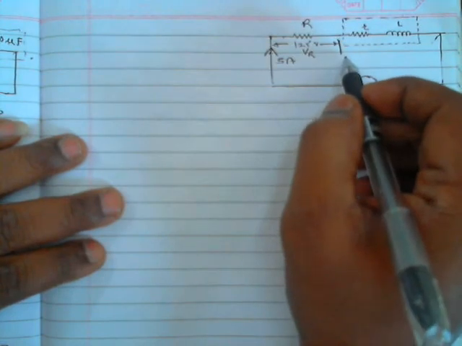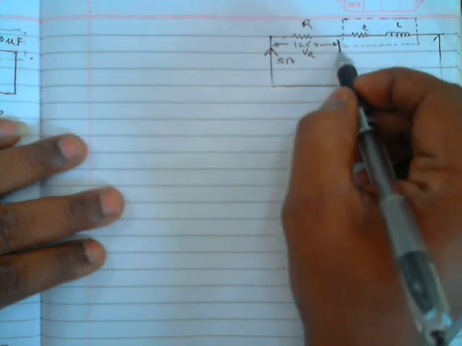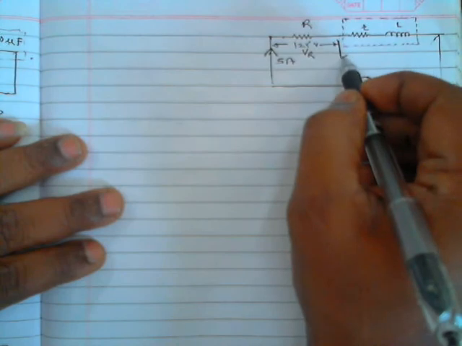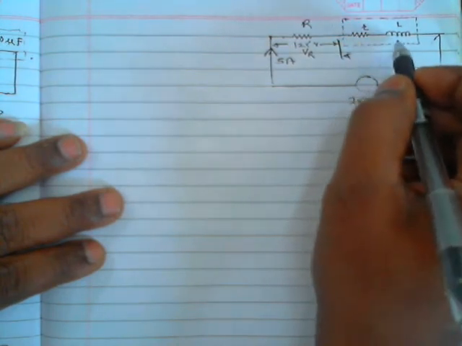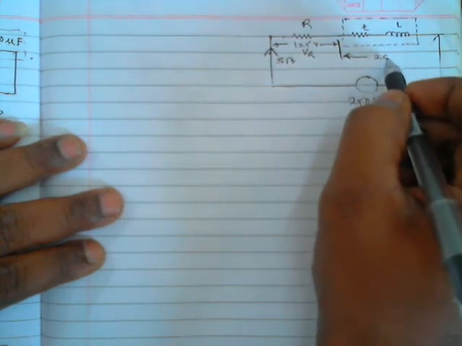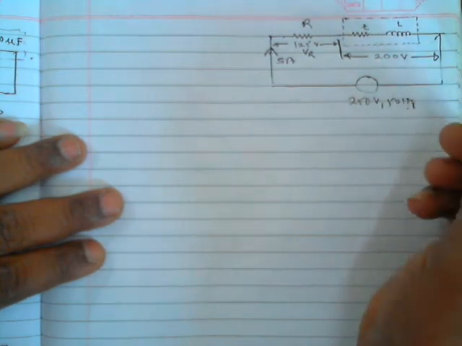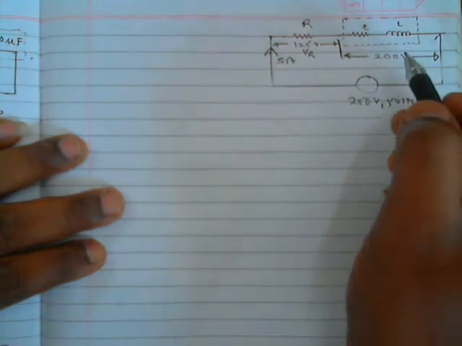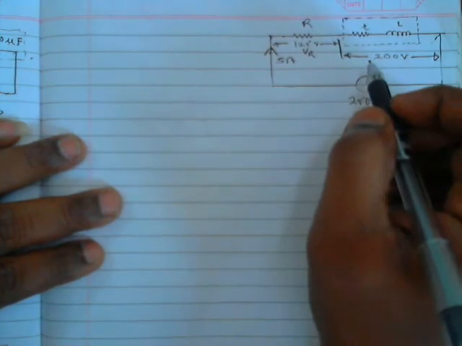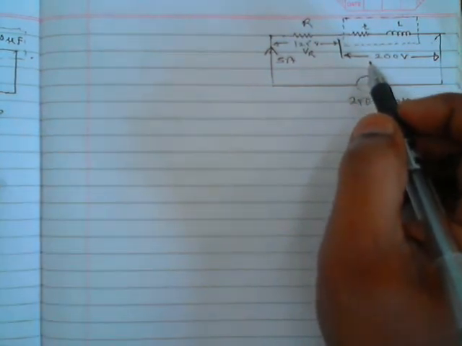Similarly, the voltage across the coil is 200 volt. Now we need to calculate impedance, reactance and resistance of the coil, then power absorbed by the coil, power factor of the coil.